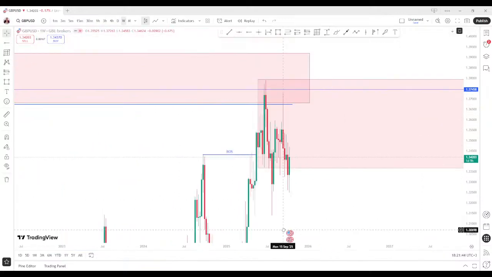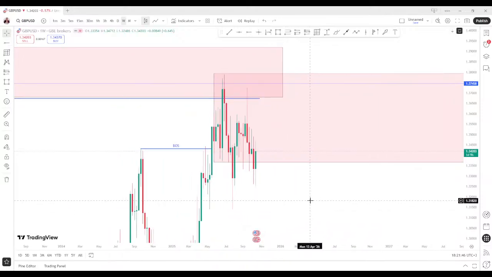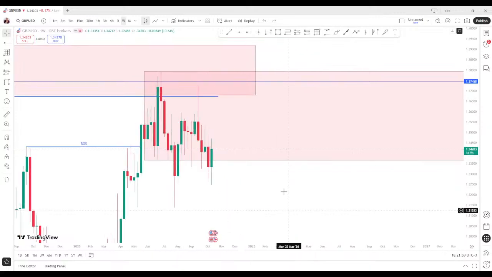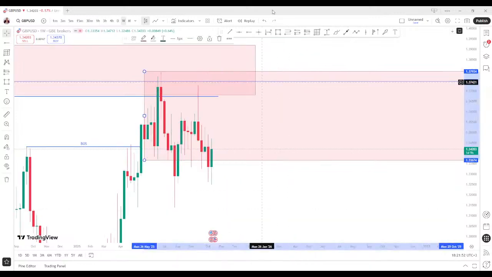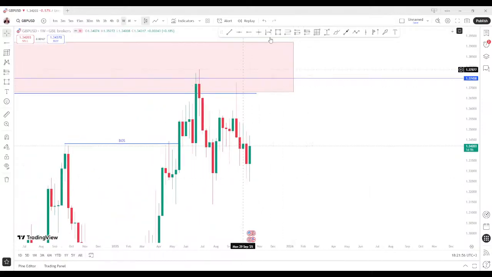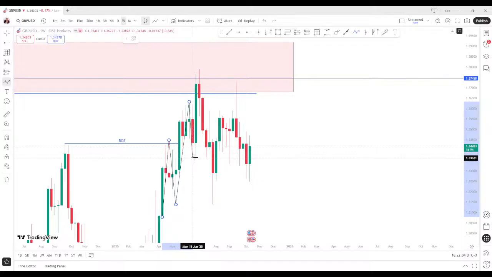So look at this. The market came, took out liquidity there, and then I want you to look at this. We were printing something like this: higher high, higher low, higher high here, higher low, higher high.